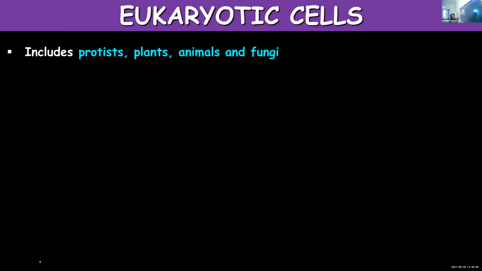Which kingdom is missing here? Monera. Okay, it includes bacteria. So Protista, Plantae, Animalia, and Fungi. Different kingdoms are mentioned here, except Monera.